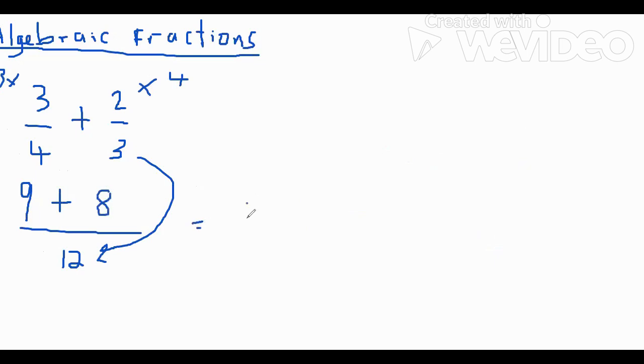And that's going to be 17 over 12. What is this as a mixed fraction? 1 and 5 over 12. So that's basically how we work fractions, but we're not doing that now because we did that earlier on.